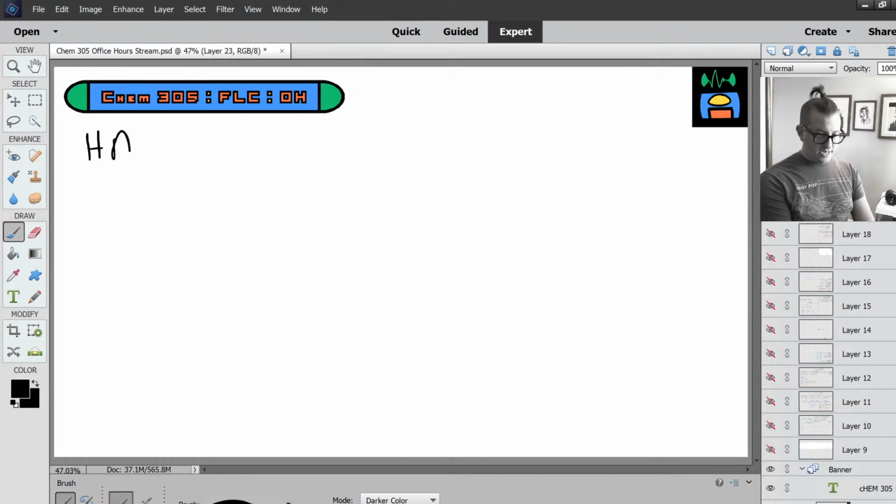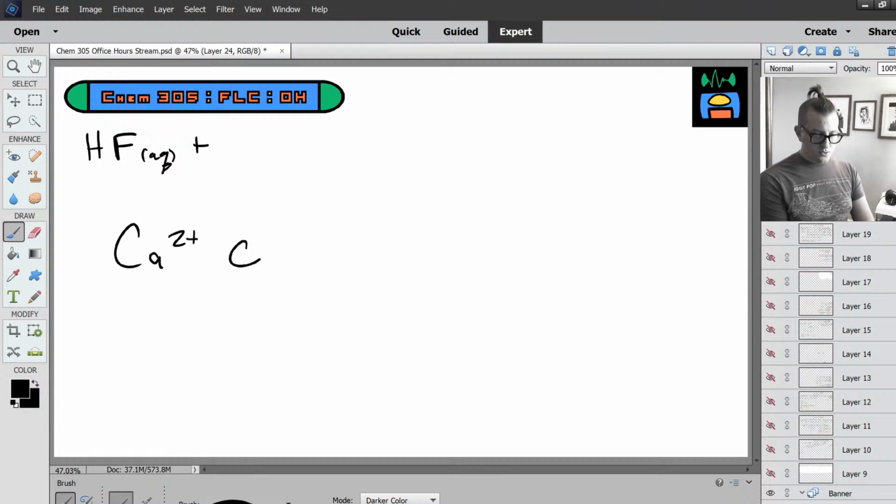And we have HA, not HA, HF plus calcium hydroxide, right? Calcium has a charge of +2, hydroxide is -1. Oh yeah, fluoride. Spot on. Calcium fluoride is that salt, exactly, as we'll see in a minute.